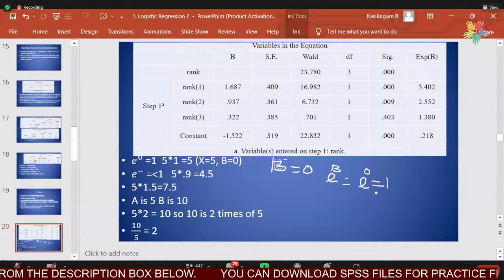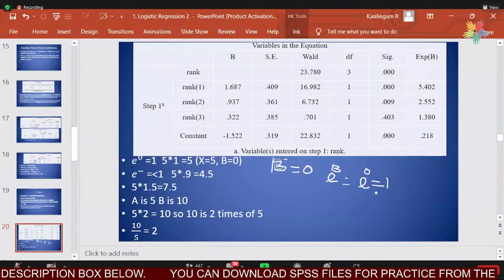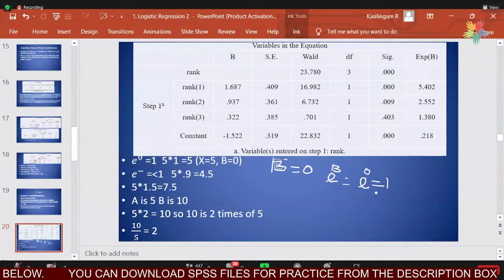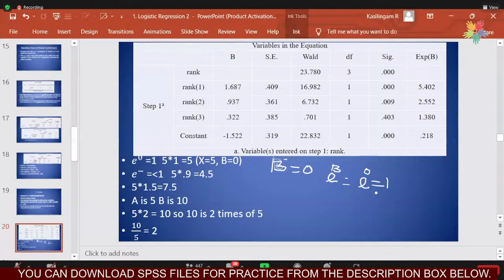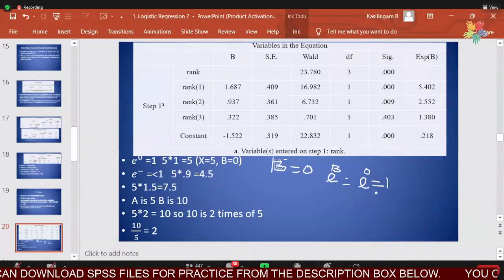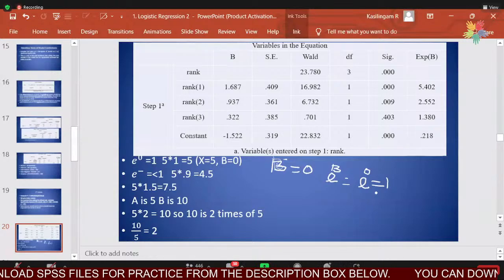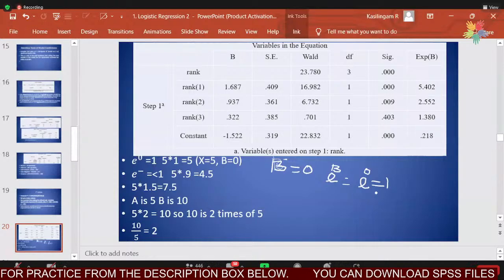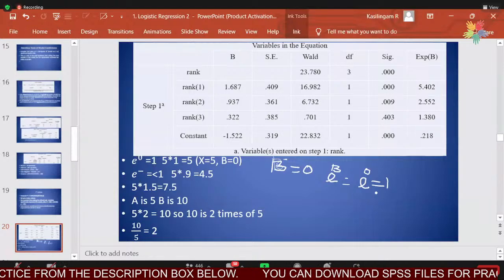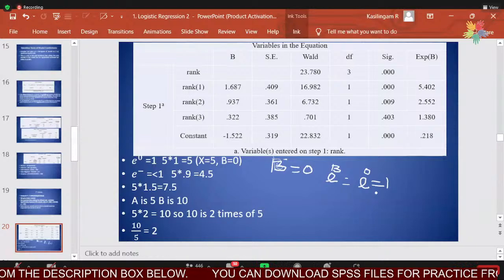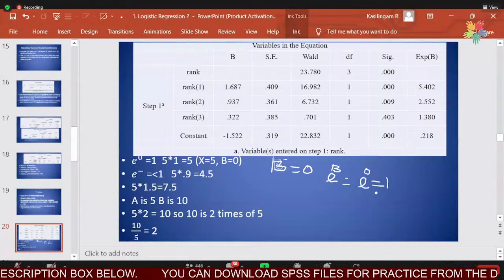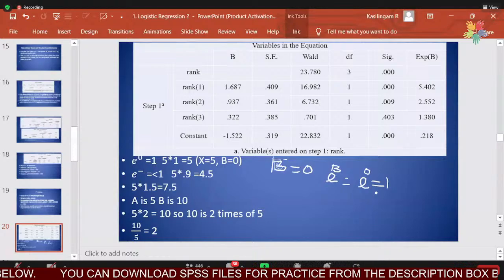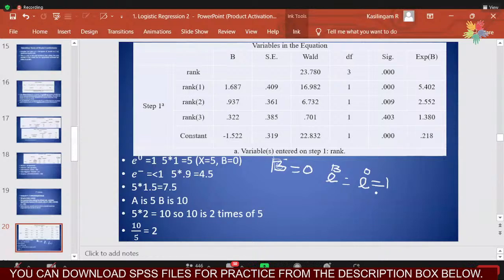In regular regression, when beta is negative, it means when x increases by 1 unit, y will decrease by that extent of beta.